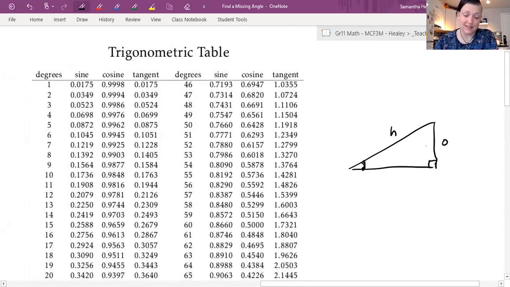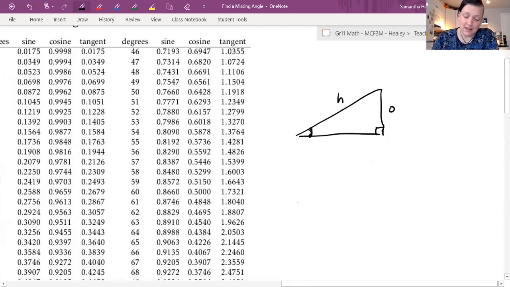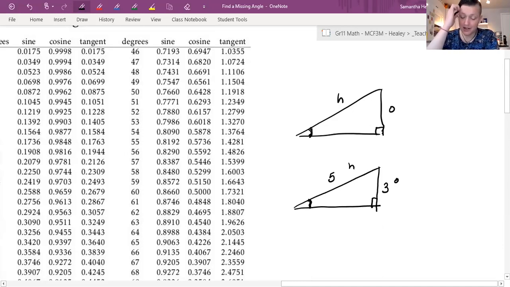This is actually almost even easier. Let's imagine we had these sides already. This was 3 and this was 5, and we wanted to know this angle. So we'd ask, what's the ratio between the opposite and the hypotenuse? Remember, this is the opposite, this is the hypotenuse.